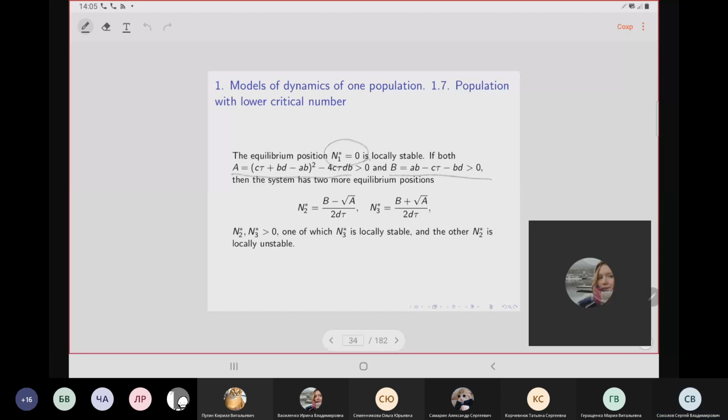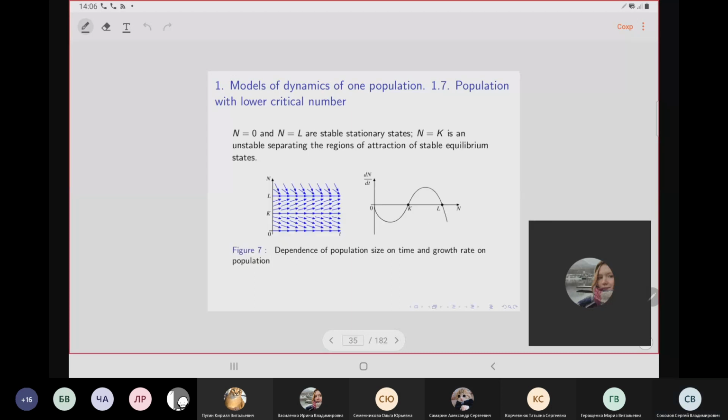So far, in the most interesting situation, when A and B are both positive, we can see the following picture. Let the bigger root be L, and the smaller root, the least one, be K.